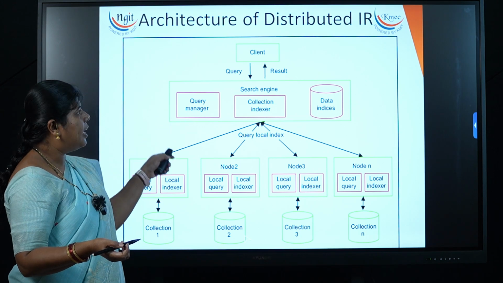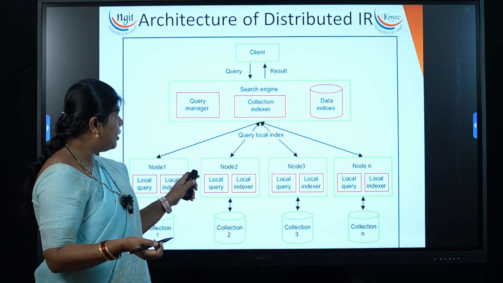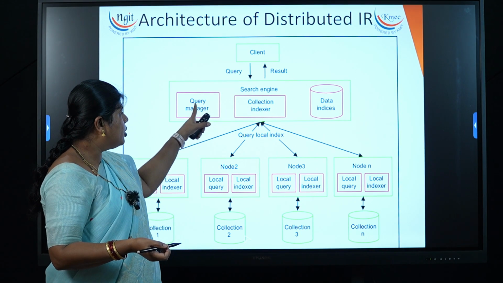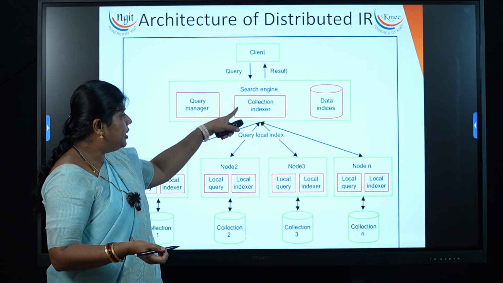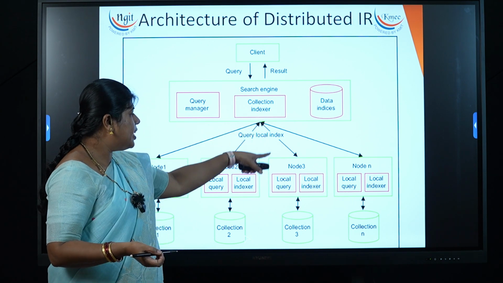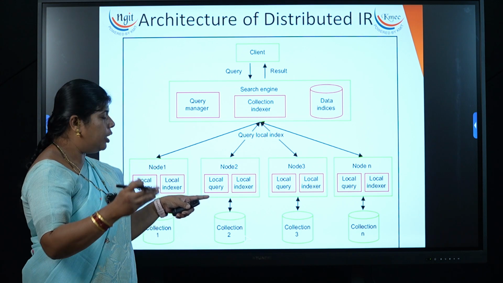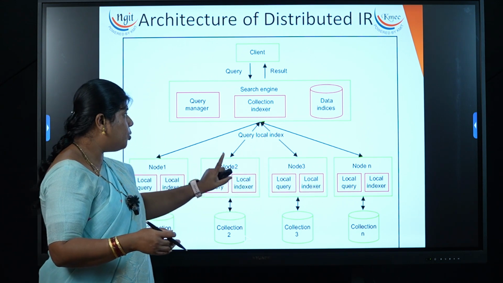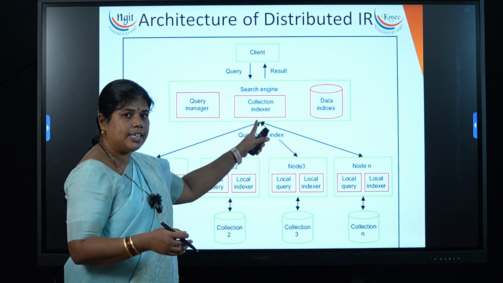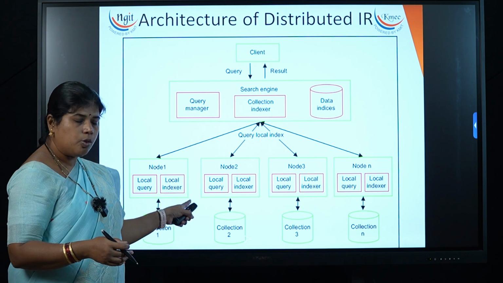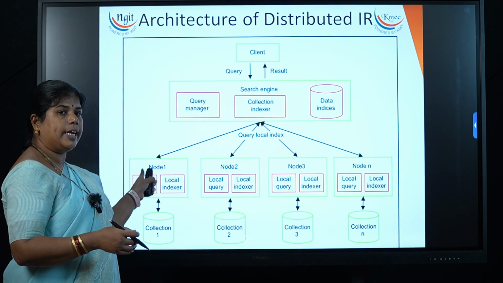This is the architecture of your distributed IR, where the client is posing the query. The query manager, with the help of the index, distributes the query, meaning the query is routed to the particular shard. This is your centralized index, and this is the distributed index, the index that is responsible for the local data.